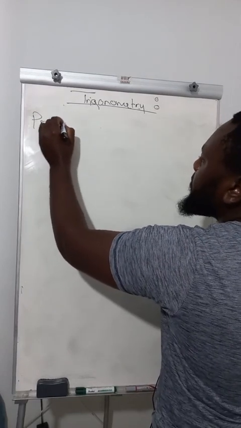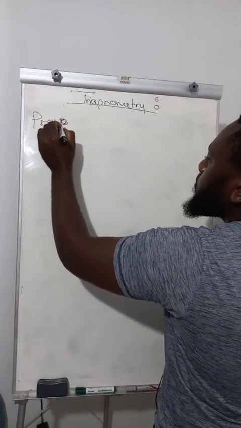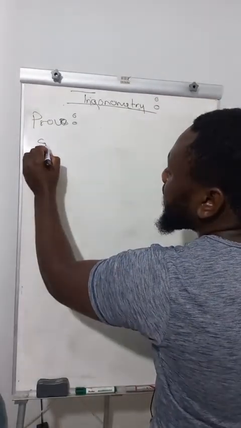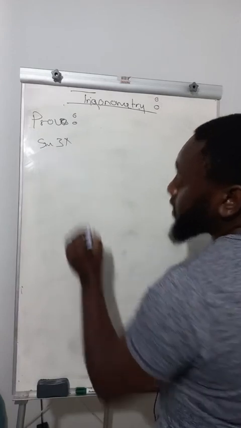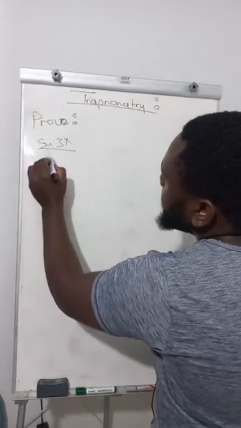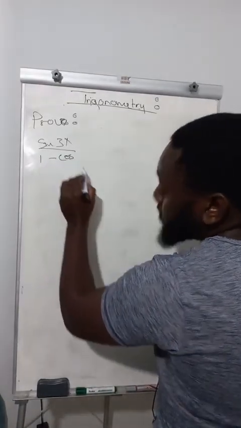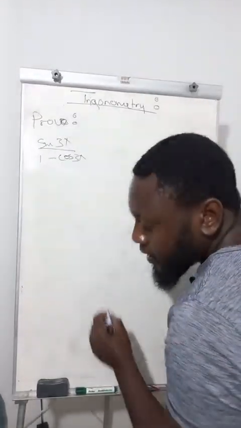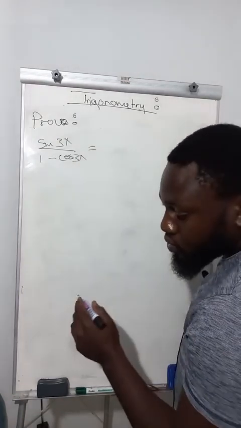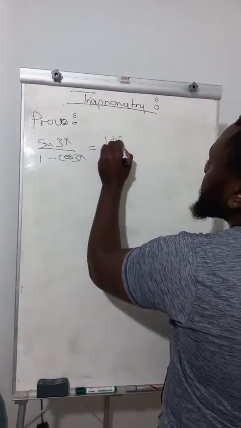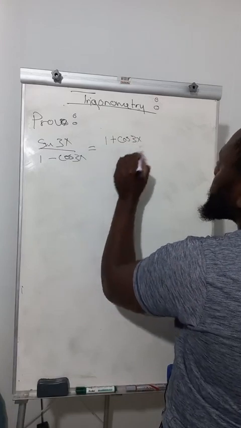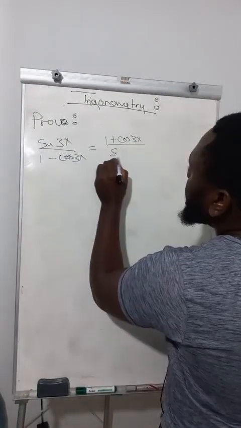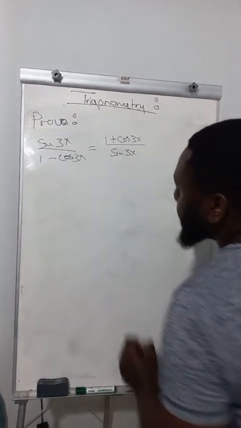They say prove. Excuse my handwriting. Prove the identity which says sine 3x all divided by 1 minus cos 3x is equivalent to 1 plus cos 3x all divided by sine 3x.